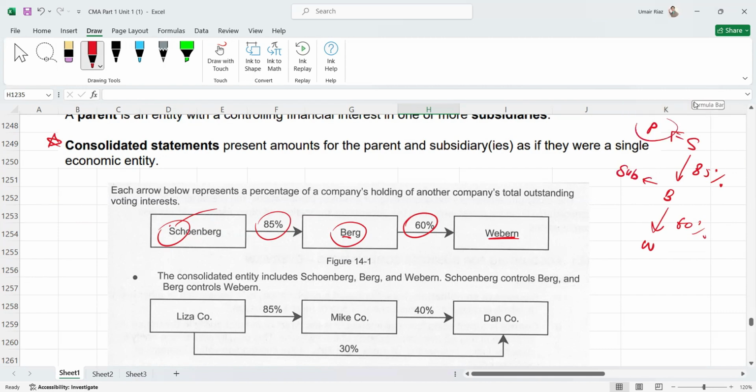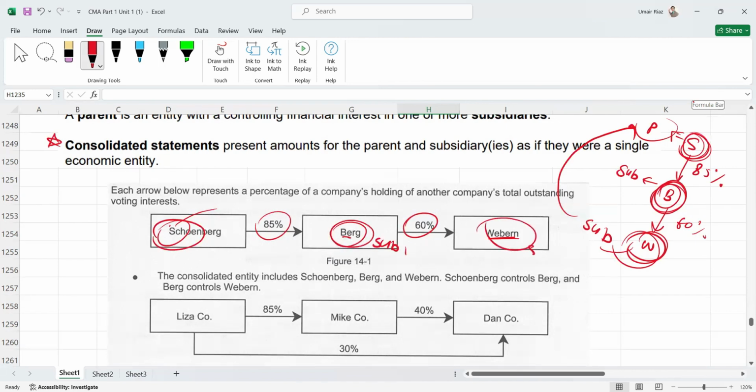The answer is yes, because S controls B, and B is the parent company of W. In simple words, if S has control over B, then S has control over W also through B. This is what is called a group. S is the parent company, B is subsidiary one, and W is subsidiary two.